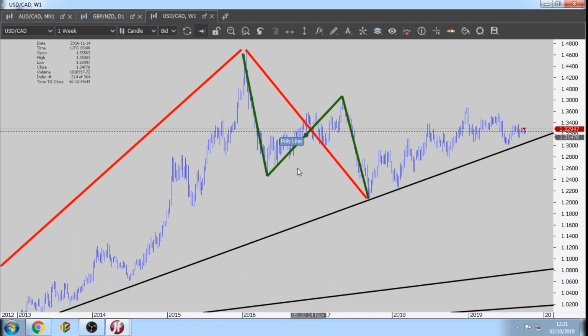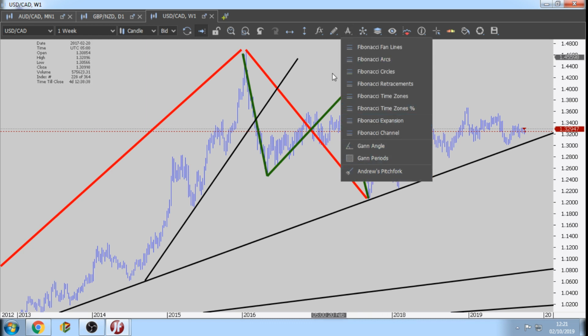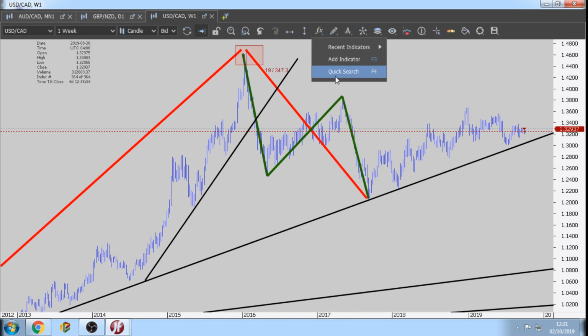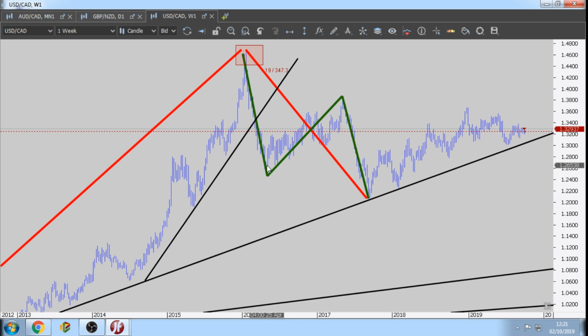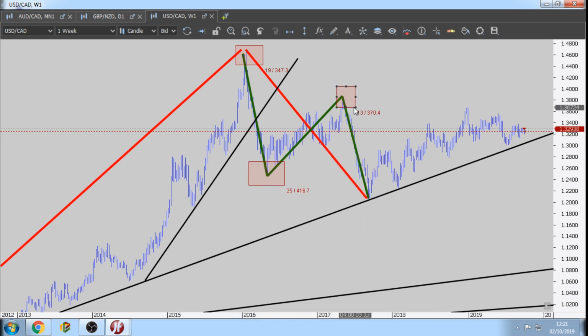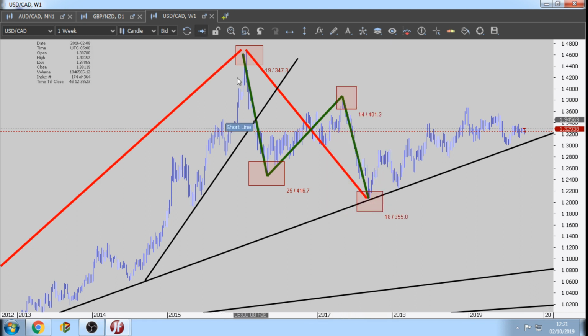The green one is the short term structure when the aggressive uptrend line break happened. Okay, so you have relevant highs and lows. This is the high, this is the low, this is the relevant high, right? And this is the relevant low. Extension, retracement, extension.